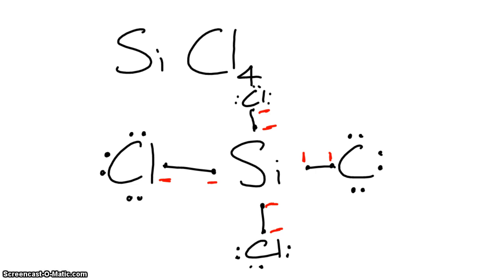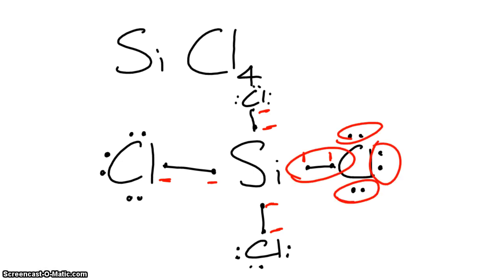Each chlorine has 8 valence electrons now, because it's got 2, 4, 6, 8 valence electrons.